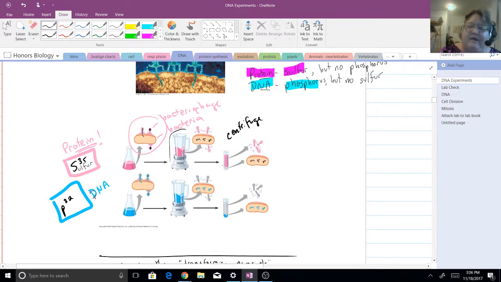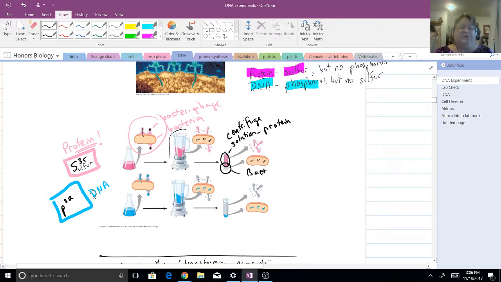So what we end up having at the bottom of this test tube is the bacteria. Those bacterial cells have been pulled down to the bottom of the test tube. Up above is the solution, and so the solution is going to have the protein, and then the bacteria would be down at the bottom.